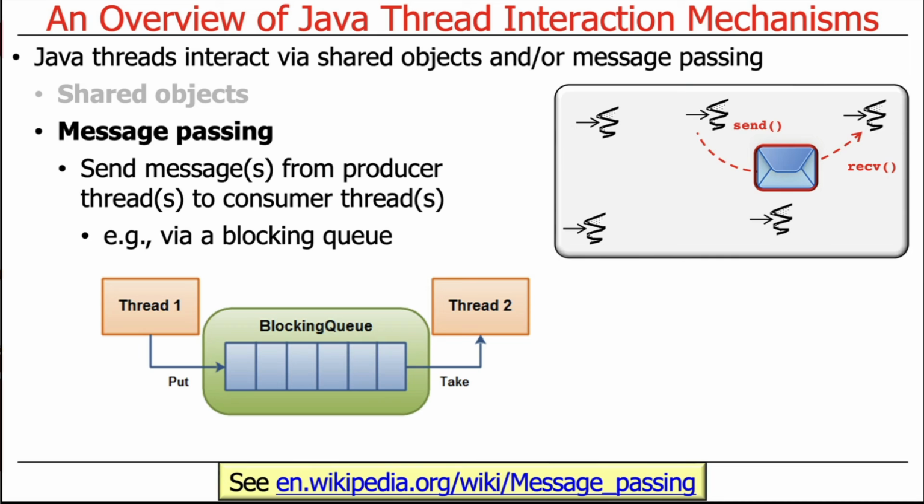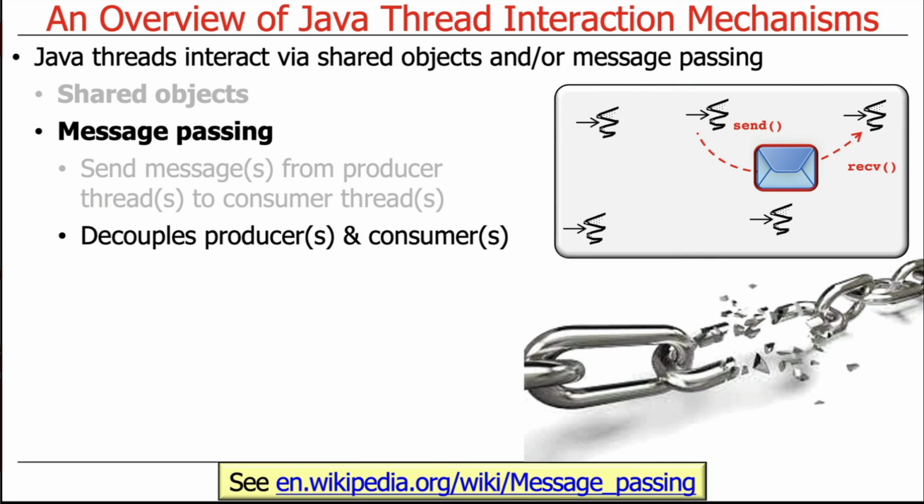And likewise, if you're a consumer thread and there's nothing in the queue, then you have to block or wait. The basic idea behind message passing is to decouple producers and consumers so they don't have to access shared objects directly, which leads to some simplifications. You're kind of breaking the chain of connectivity.